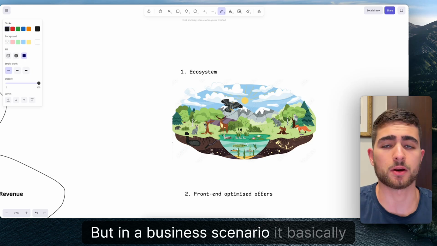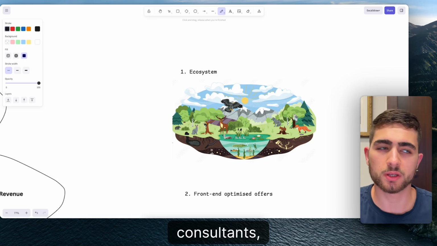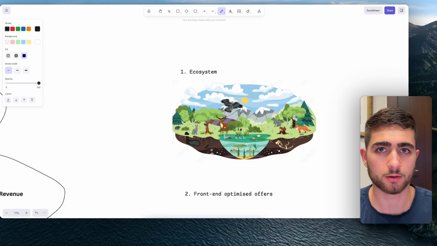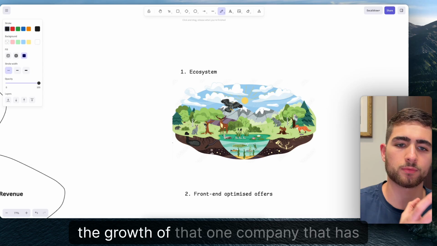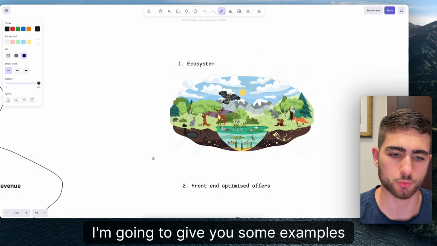But in a business scenario, it basically means that software providers, agencies, consultants, all of these companies together boost the growth of that one company that has built the ecosystem. Okay, I'm going to give you some examples.